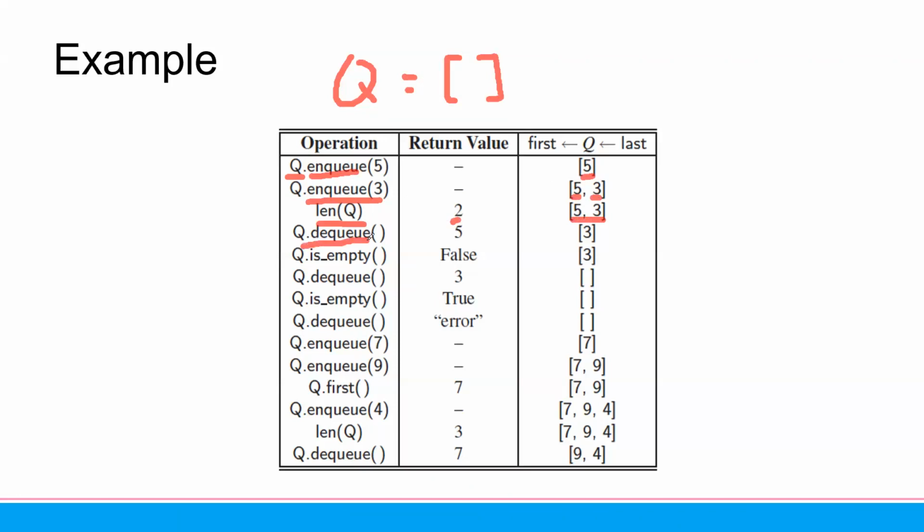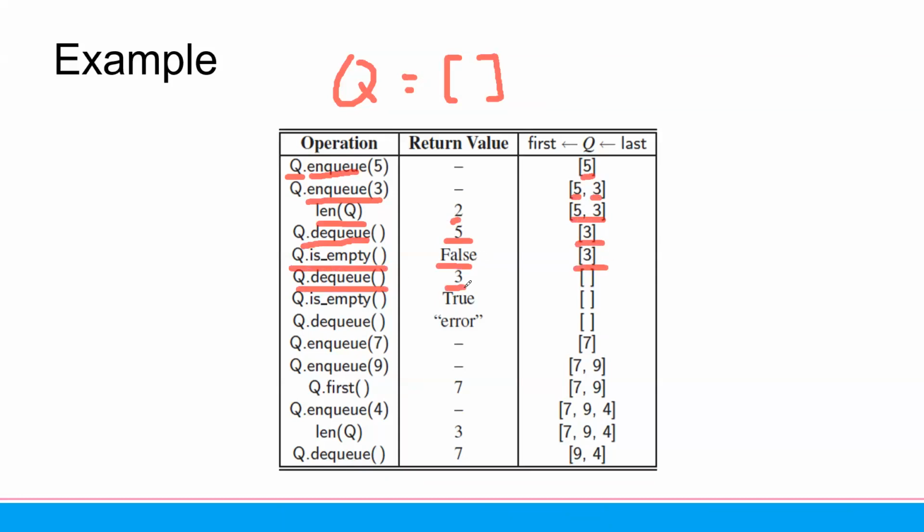If I want to dequeue, then the first element will be removed. So the remaining element is 3. If I want to check, is it empty? It will return false because now I still have 1 element.